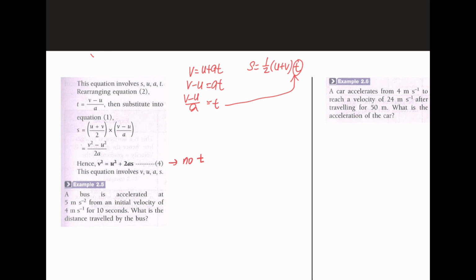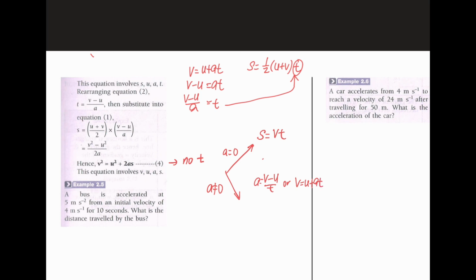Okay, so the conclusion is, you see I put all the formula together from the beginning until just now, right? So the first formula is s equal to vt. This formula is used when acceleration is equal to 0. When acceleration is not 0, then we have a equal to v minus u over t, or v equal to u plus at.